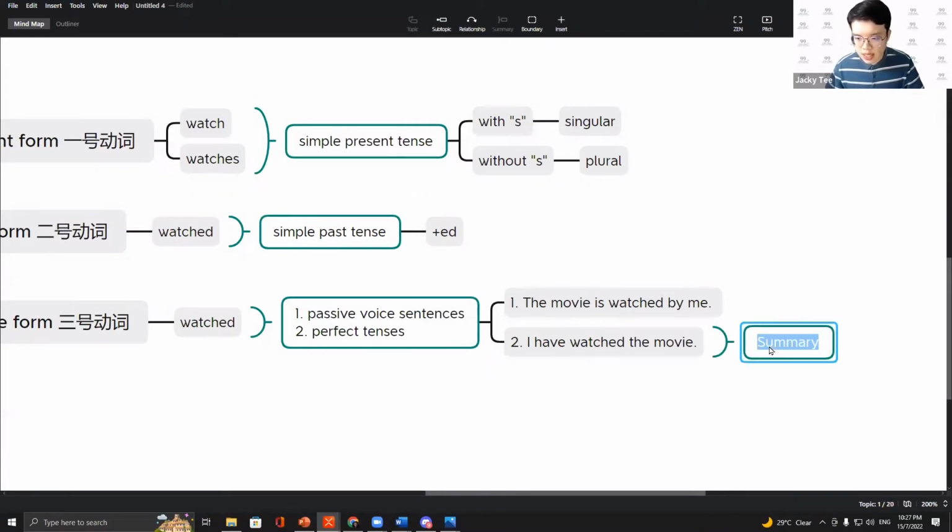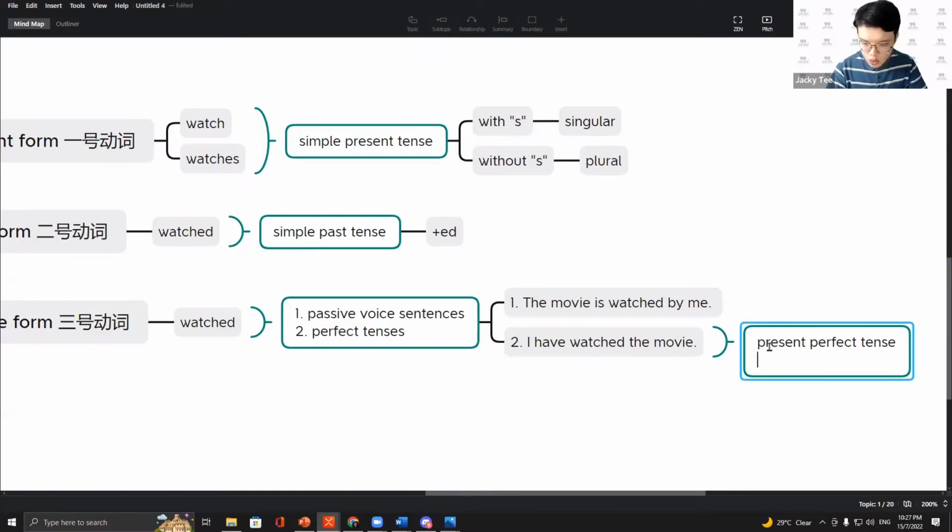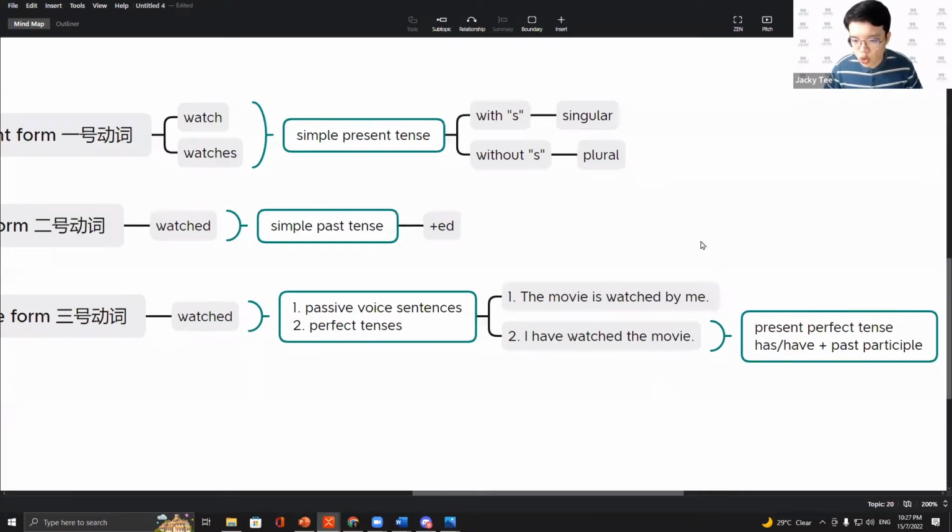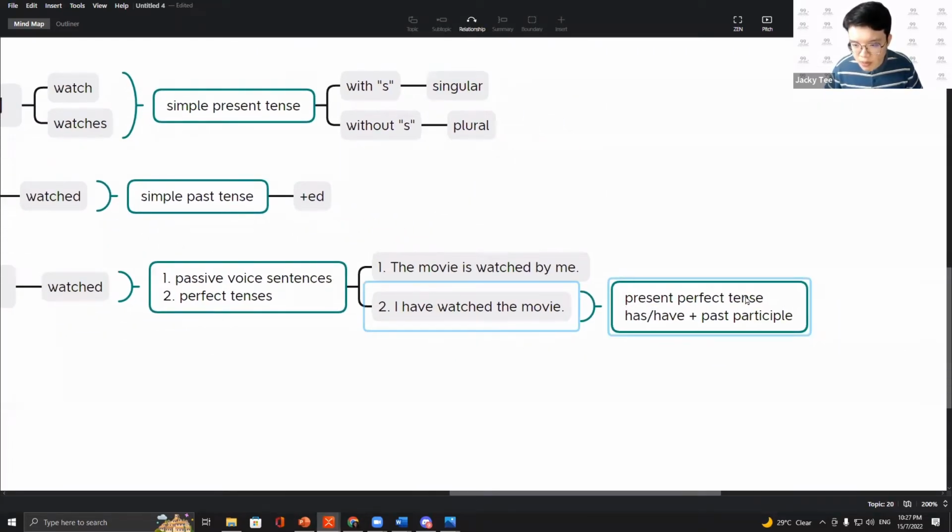The formula goes to has or have plus verb number 3. Okay, not verb number 1, not verb number 2, verb number 3, which is past participle. Okay, so we can guarantee that this sentence applies present perfect tense.